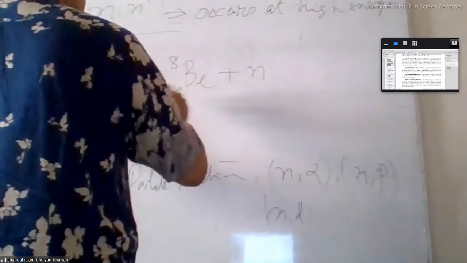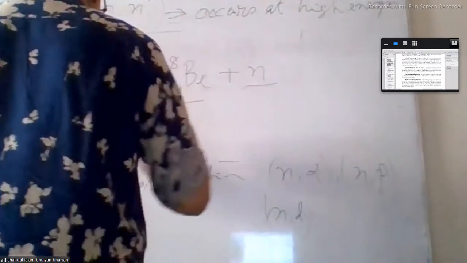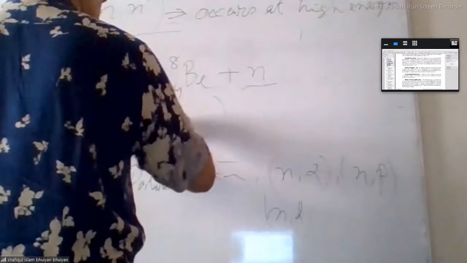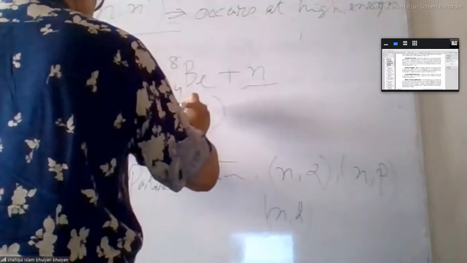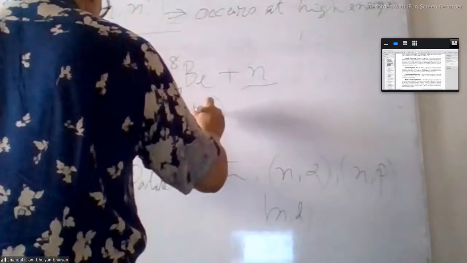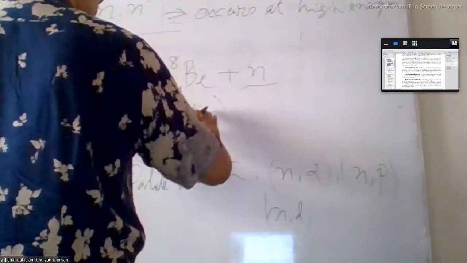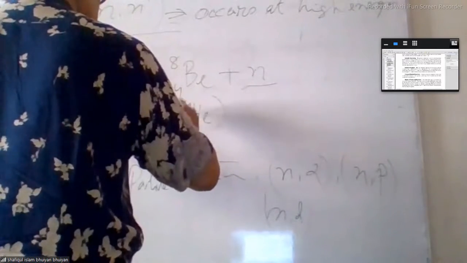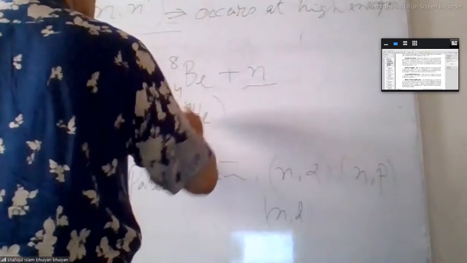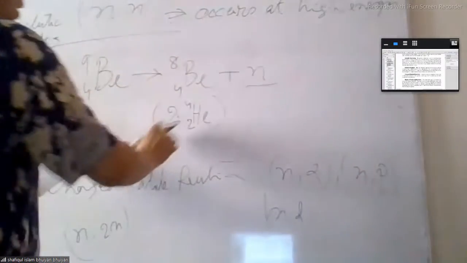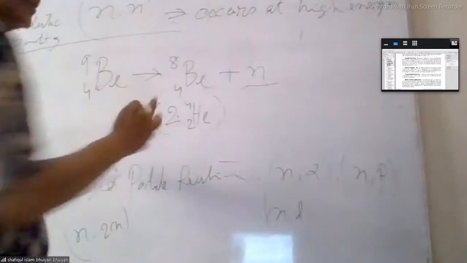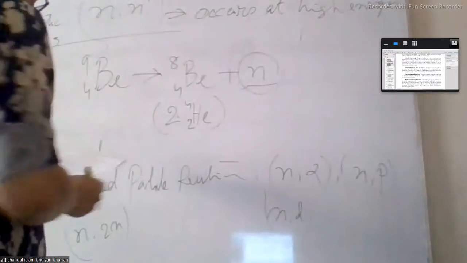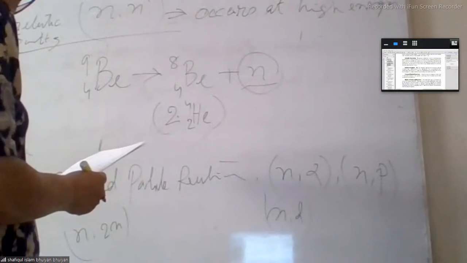Or it can be two helium nuclei. Helium is 4, two into 4. So it can be either beryllium 8, or two nuclei of helium 4 and a neutron. So we see that this neutron is coming out, the photoneutrons.